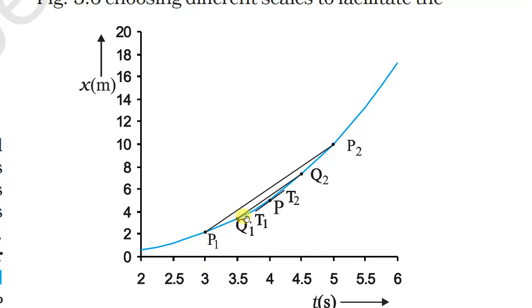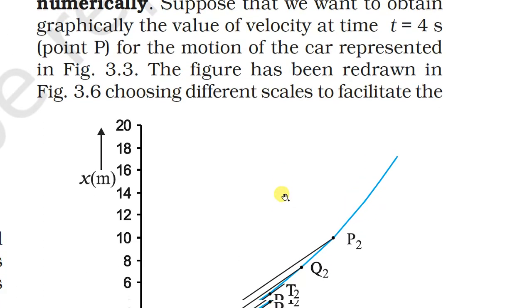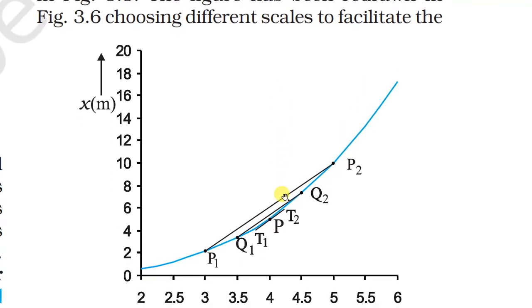We cannot easily use the slope, so we need to take a tangent of the curve. For the tangent we take a small portion of the curve, and on that we will derive the slope.